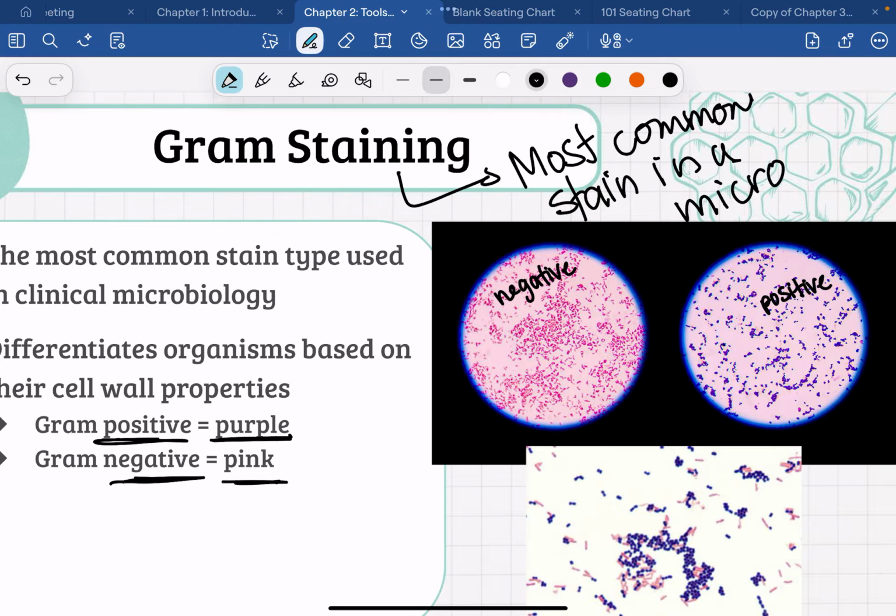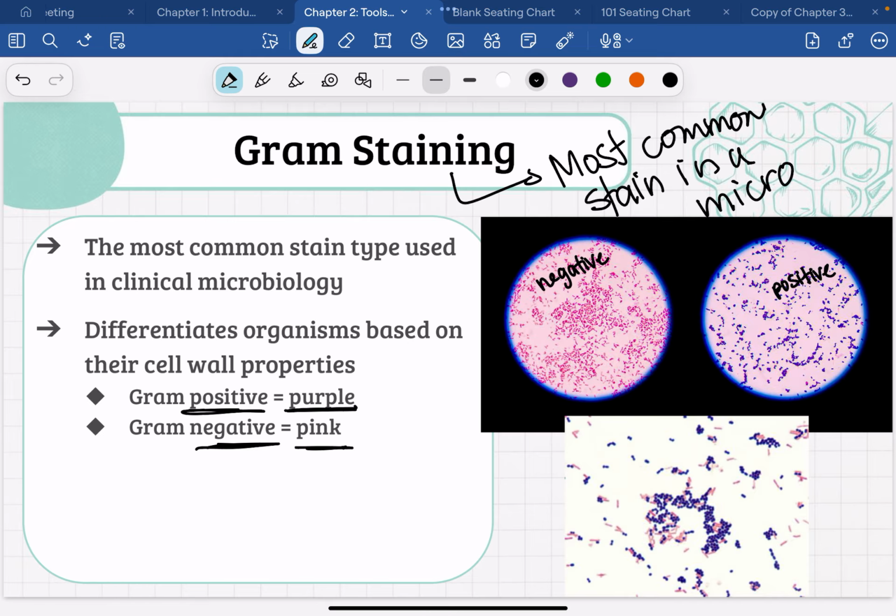But I think it's important to talk about here how important and critical a gram stain can be in the process of identification. Because the vast majority of bacteria that we are going to talk about throughout this class are either gram-positive or gram-negative. Okay? It's about 50-50. Half of them are positive, half of them are negative. So I want you to think about if somebody comes into the emergency room and they have a life-threatening infection.